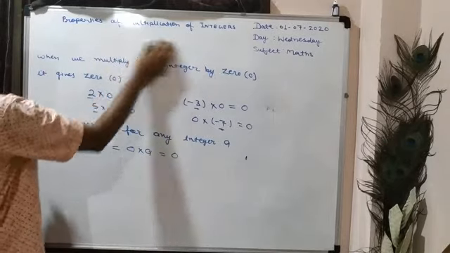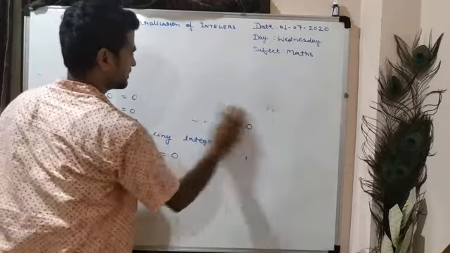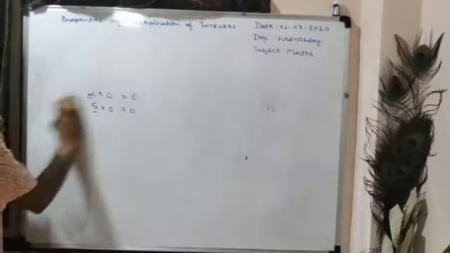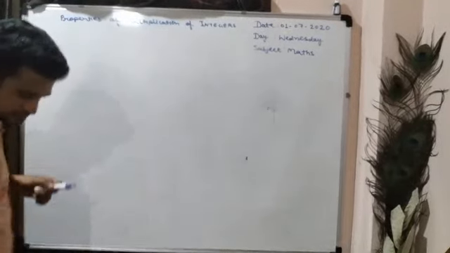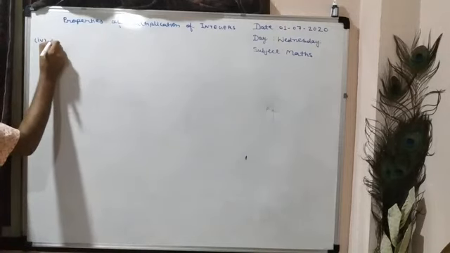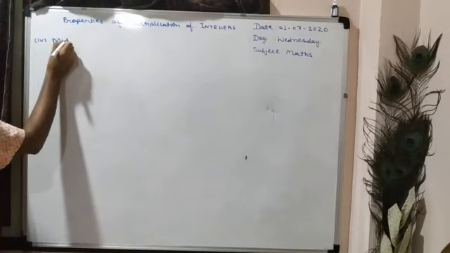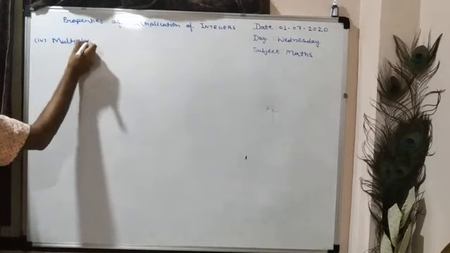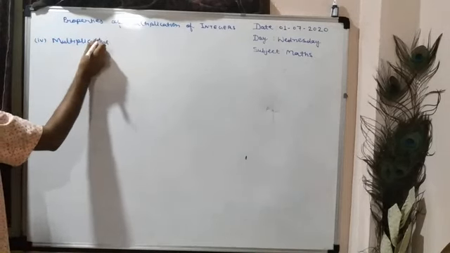Now the fourth property. The fourth property is multiplicative identity.